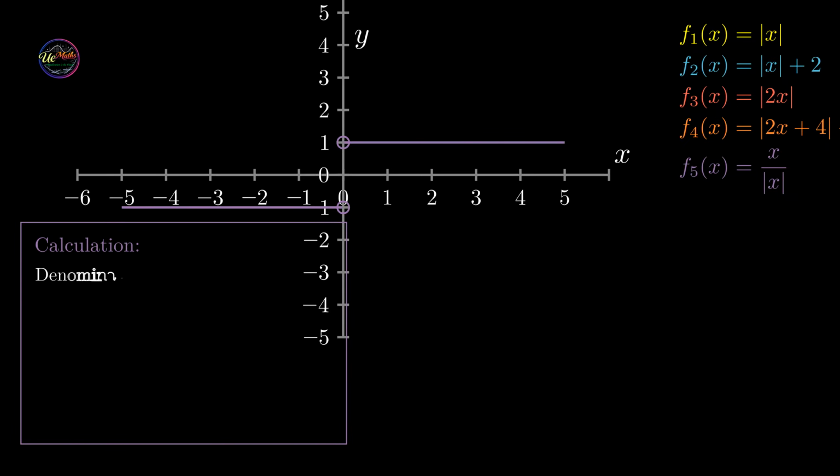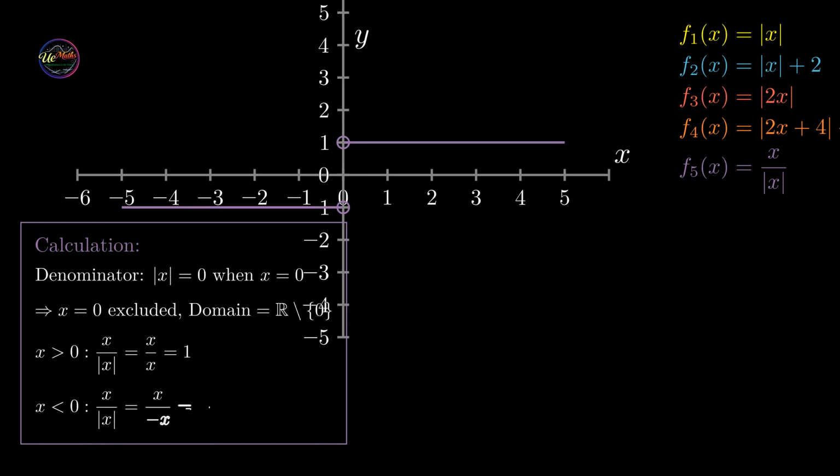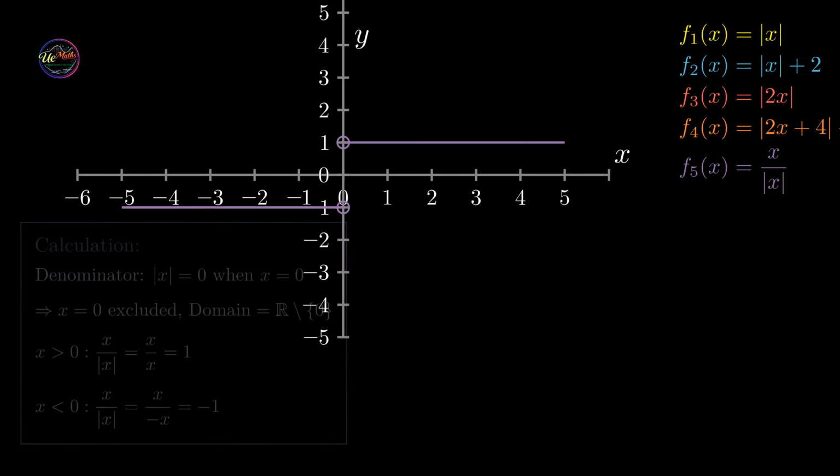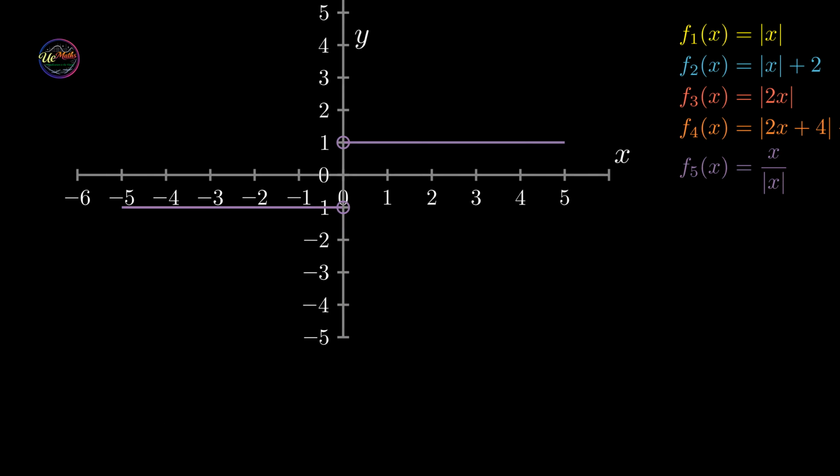The purple graph shows f of x equals x divided by the absolute value of x. Since we are dividing by absolute value of x, the denominator cannot be 0. So x equals 0 must be excluded. Now, for any positive x, absolute value of x equals x. So the ratio simplifies to 1. For any negative x, absolute value of x equals negative x.